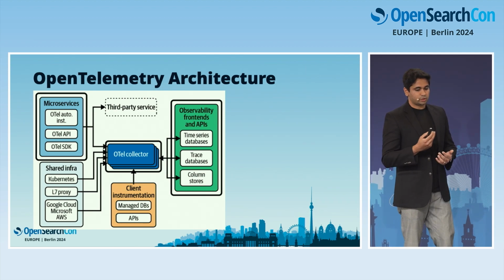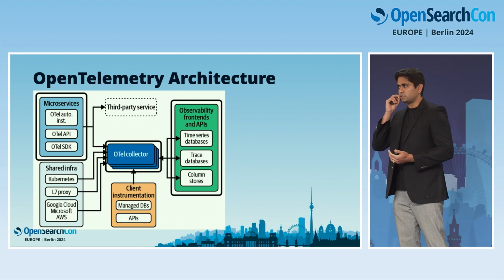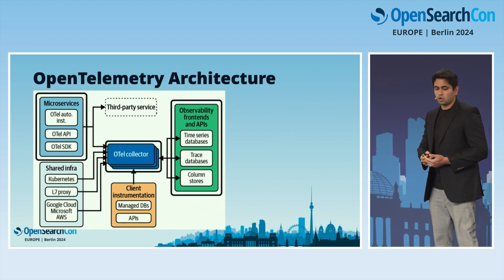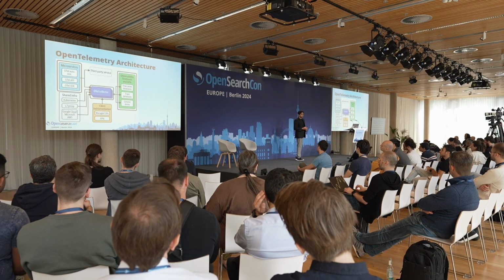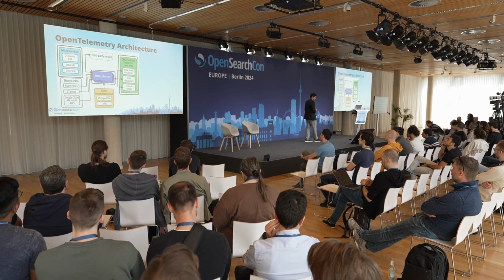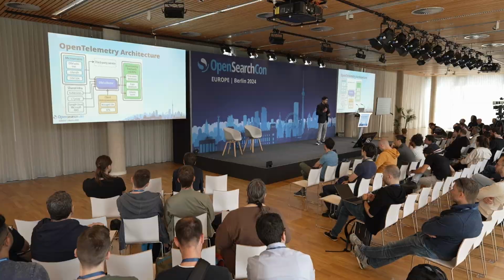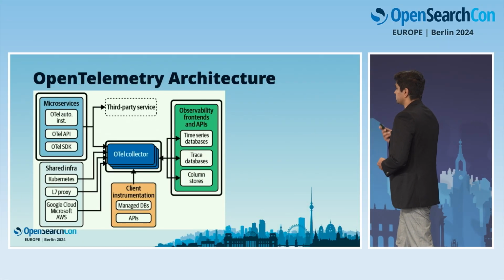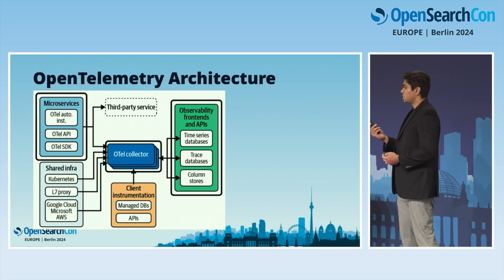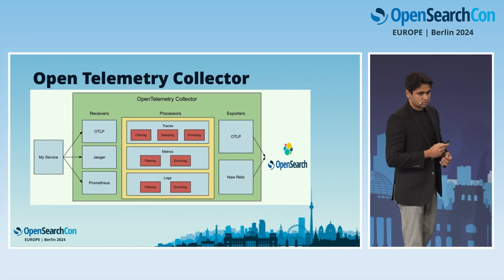You can either send this to a third-party service and process your own metrics, logs, traces, or you can use the OTel collector provided out of the box. The OTel collector finally sends this telemetry data to time series databases, column stores, and of course, OpenSearch.